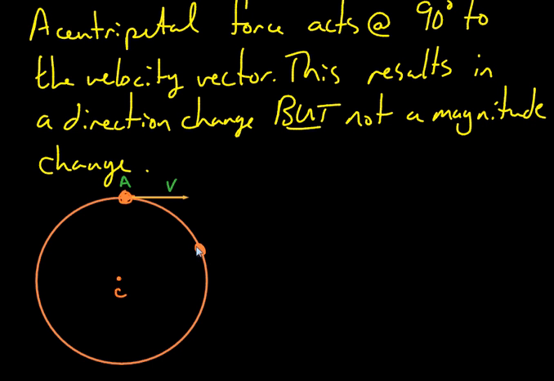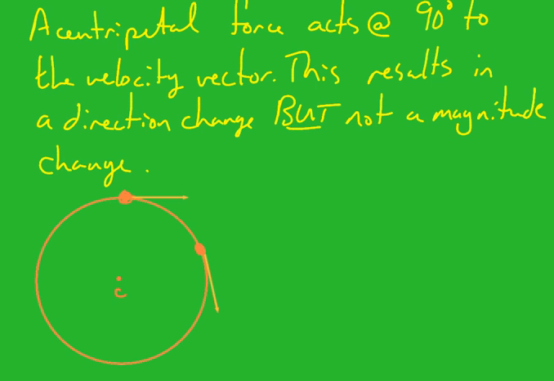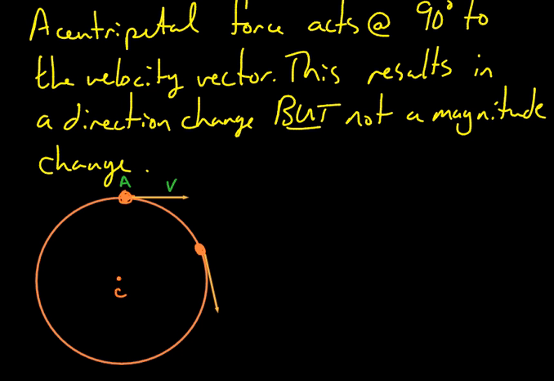We're going to keep the same magnitude of velocity, but change the direction of travel, and we indicate it by drawing a tangent line. So here's our velocity at the point later in time.